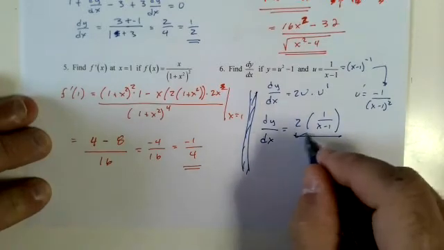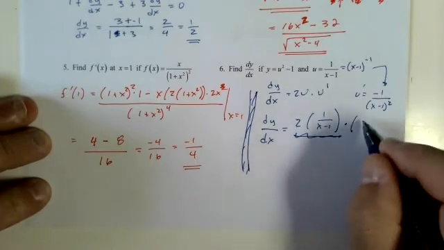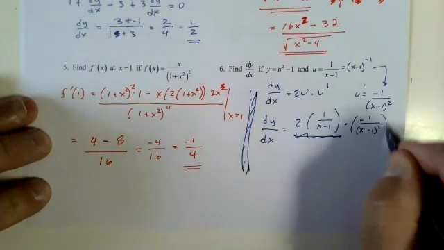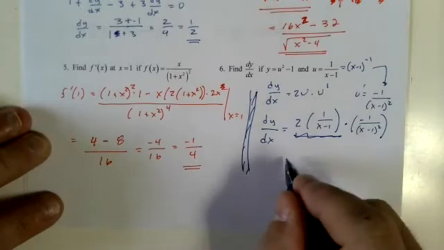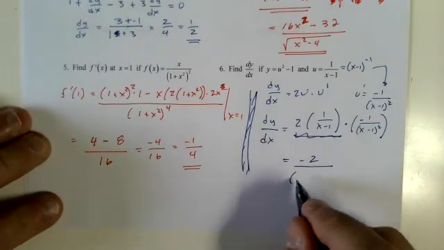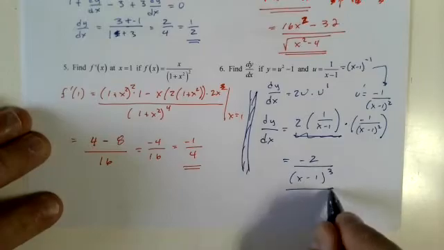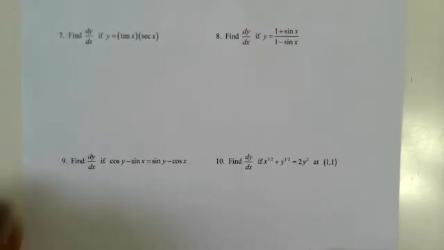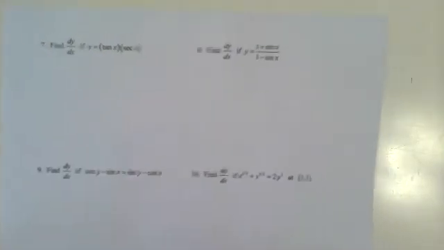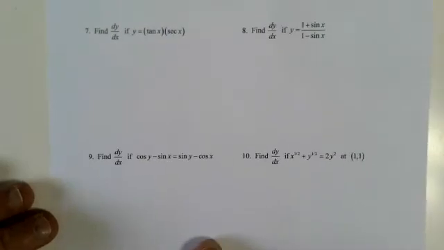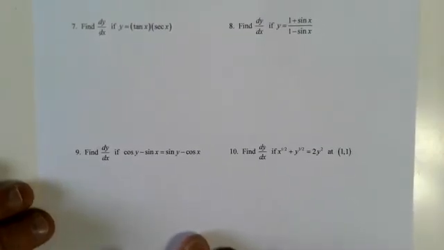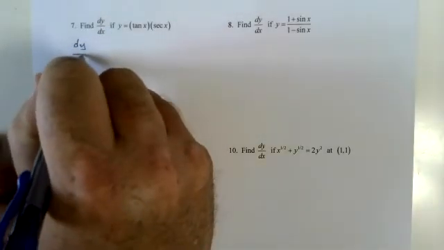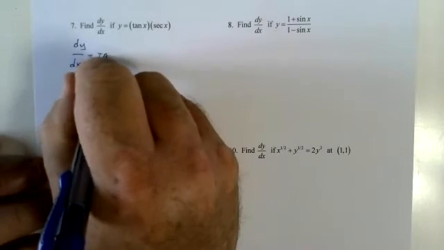Not over. Times negative 1 over x minus 1 squared equals negative 2 over x minus 1 to the third. Dy dx. Leave it.